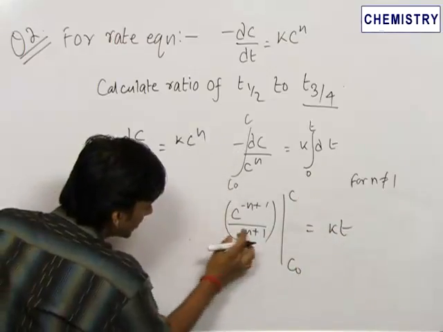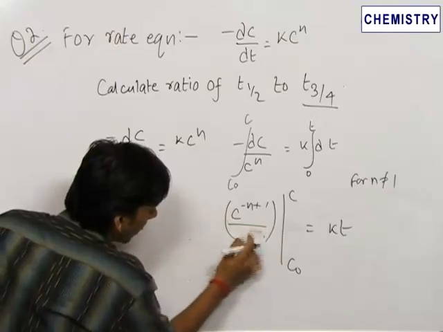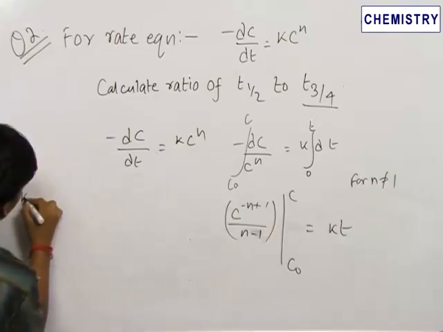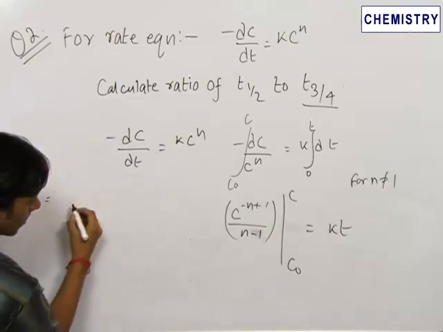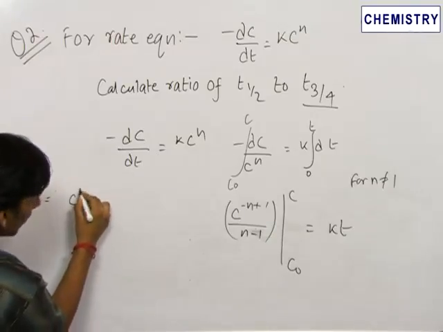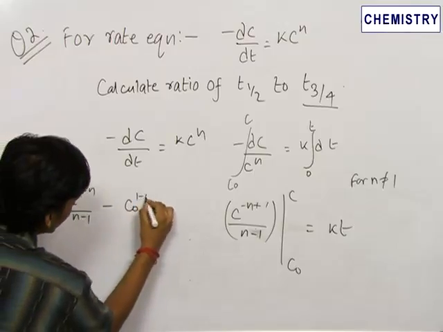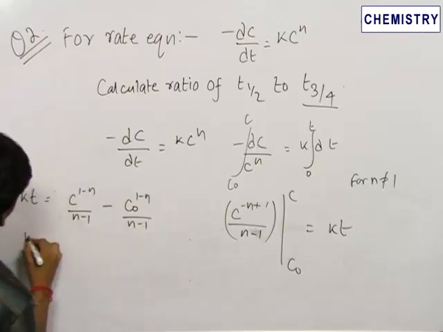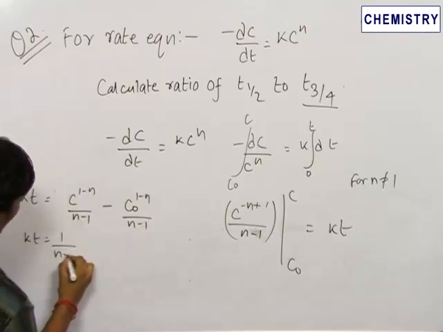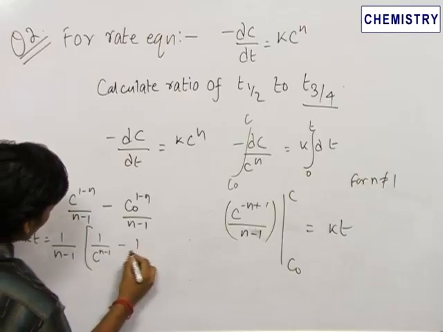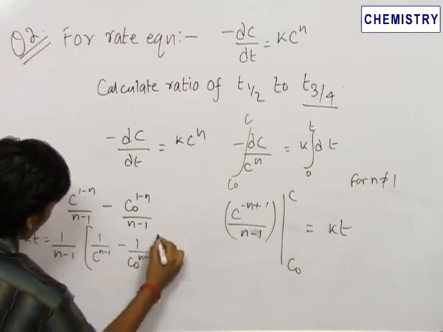This minus sign goes inside, this becomes n minus 1. Therefore, this becomes kt is equal to C raised to 1 minus n upon n minus 1 minus C0 raised to 1 minus n upon n minus 1. Therefore, kt is equal to 1 upon n minus 1, into 1 upon C raised to n minus 1 minus 1 upon C0 raised to n minus 1.